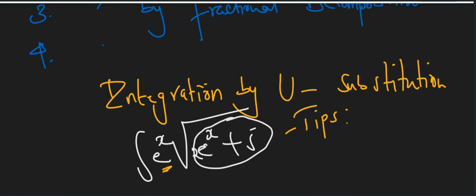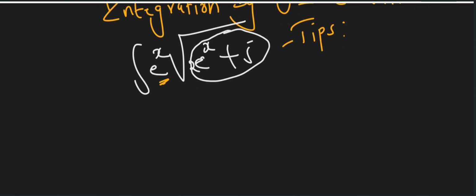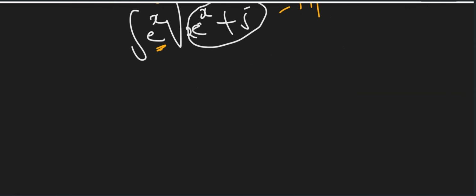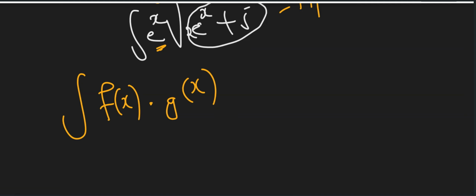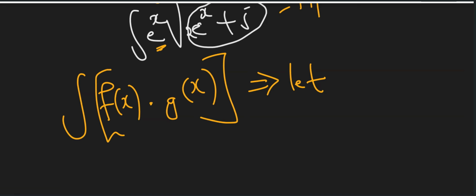Before I share the example, let me just show the general rules on how this is done. When given the integral of f of x, perhaps g of x, with respect to dx, we say let g of x be u.